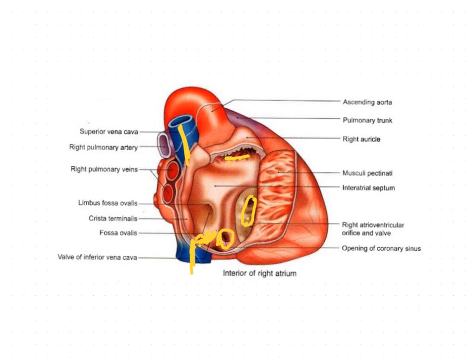The coronary sinus receives most of the venous drainage of the heart. All the deoxygenated blood from the heart is drained by the coronary sinus, which opens into the right atrium.